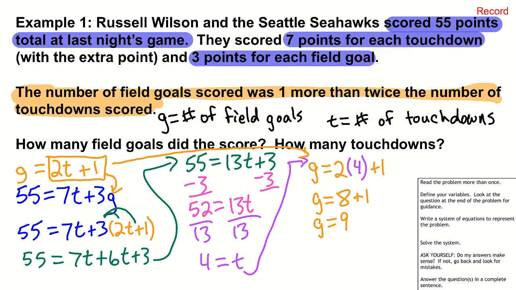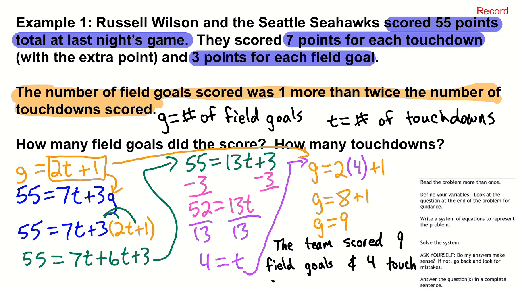problem solving here. So the next step is answer the question in a complete sentence. So here we're going to say the team scored 9 field goals and 4 touchdowns. 55 points is pretty good, but 9 field goals and 4 touchdowns, I would be a little disappointed.